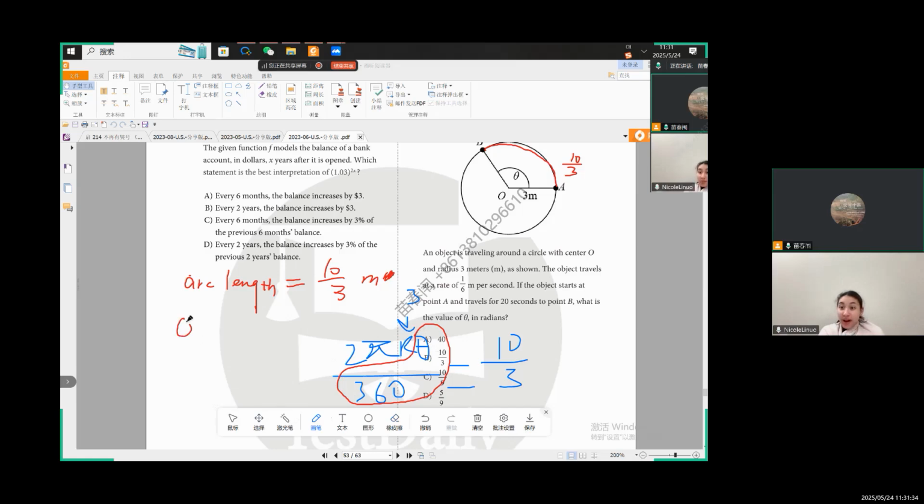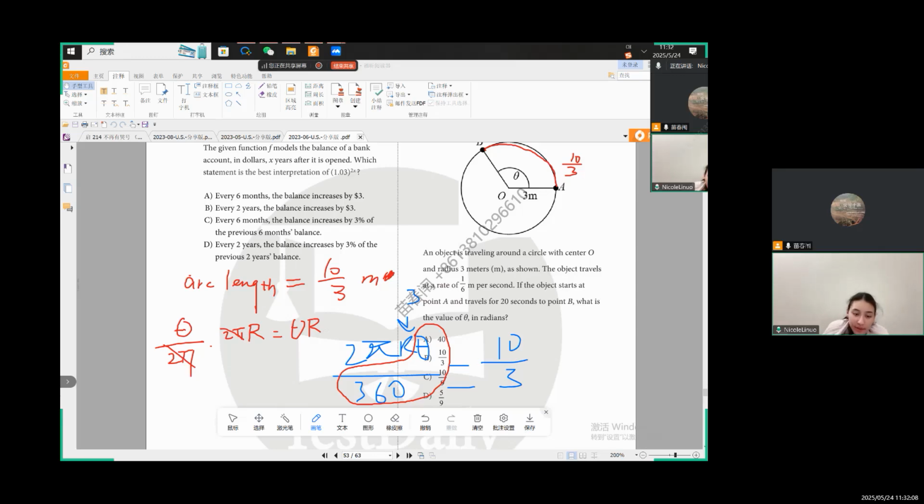If theta is in radian, theta over 2 pi is the fraction. And then times 2 pi r, right? So the same thing except I put 2 pi. Yes, using 2 pi instead of 360. But I can simplify this easier. 2 pi simplified. So the easy way is theta r. Divide by 3. Oh, so then I'd get C.